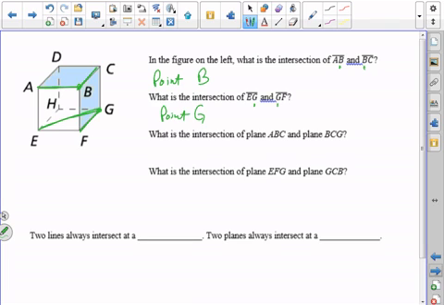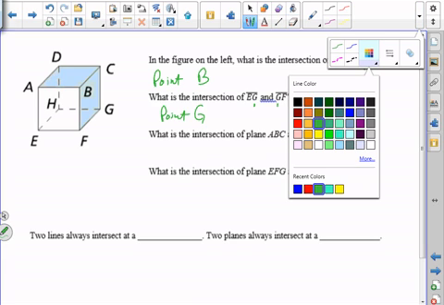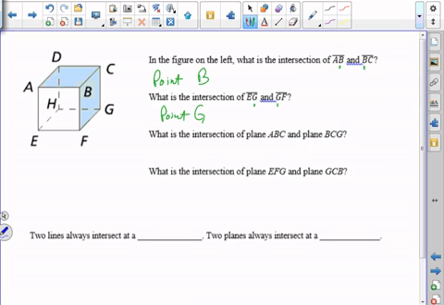All right, so let's look at our planes. Let me clean this up here, and let me maybe even pick another color. Let's go blue again, I guess. What is the intersection of these planes? Well, ABC is the face that would be at the top of the prism, or the cube, whatever this might happen to be. And BCG would be this one right here.